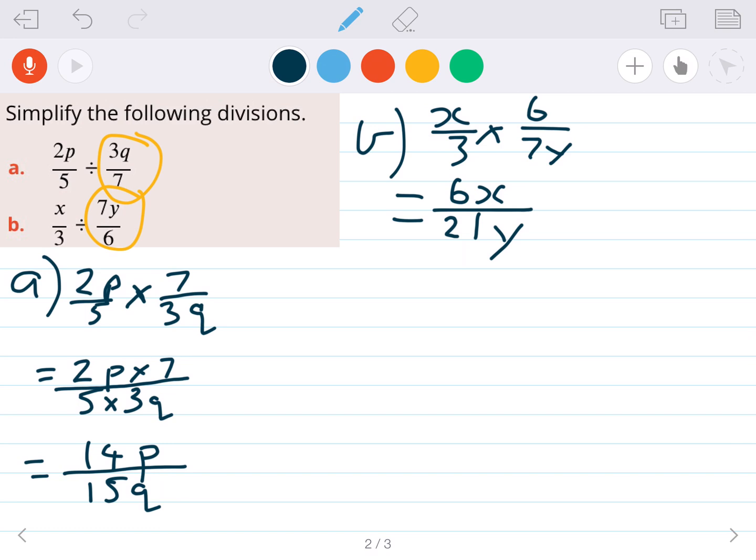So hopefully we can notice what goes into both of these numbers here. So for our first one, 3 is a multiple of both 6 and 21. So this goes into both numbers here. So we just divide these numbers by 3 to simplify.